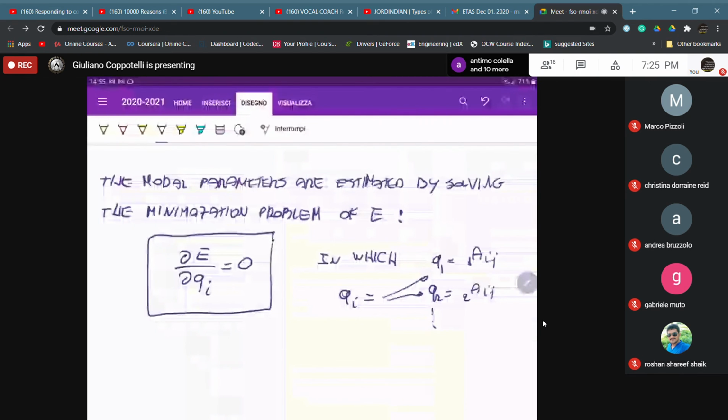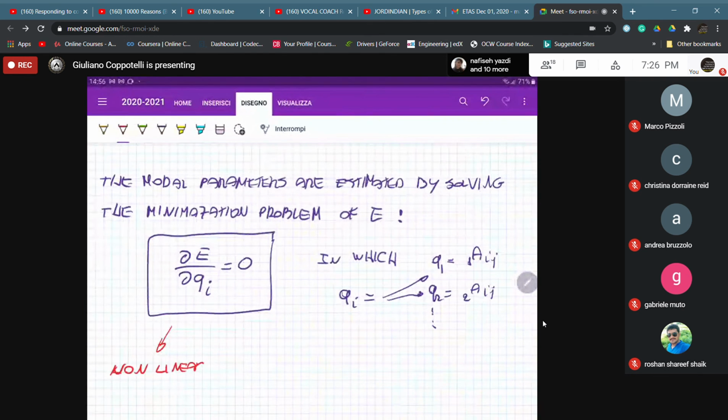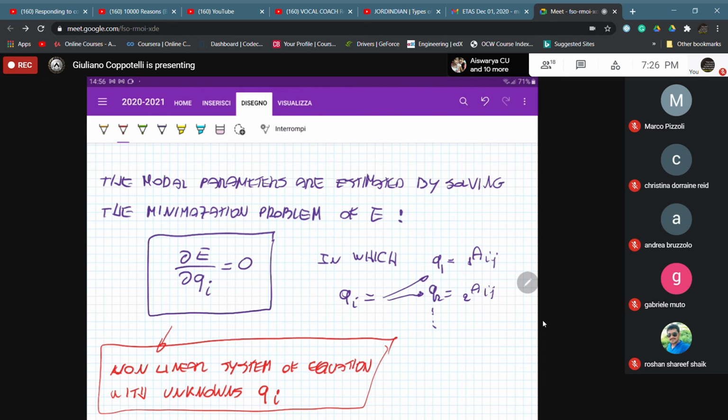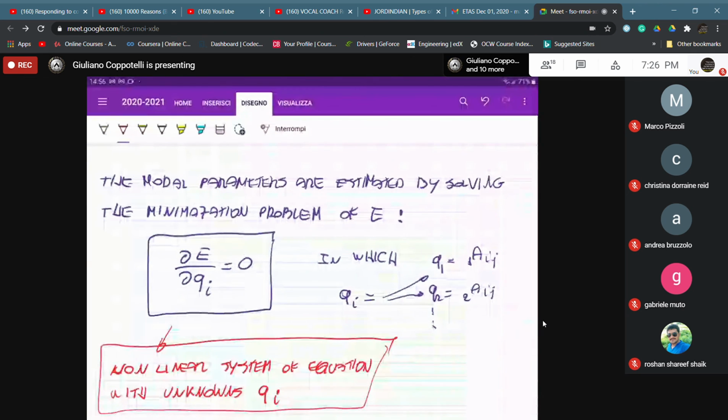What we got here is a system of non-linear equations with unknowns Q_i, that is, your Q_i have the meaning of the model parameters, that is all the modal residuals, natural frequencies, damping ratios, and so on.